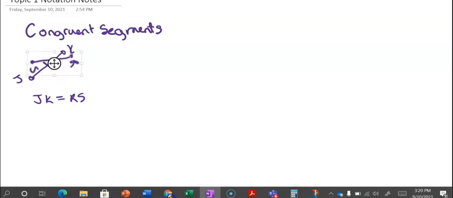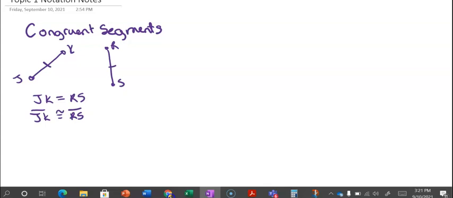It's not perfect, but it's close. So that means that RS and JK are actually what we call congruent. When two segments are congruent, that means they're essentially the same segment, copied and pasted and maybe rotated.